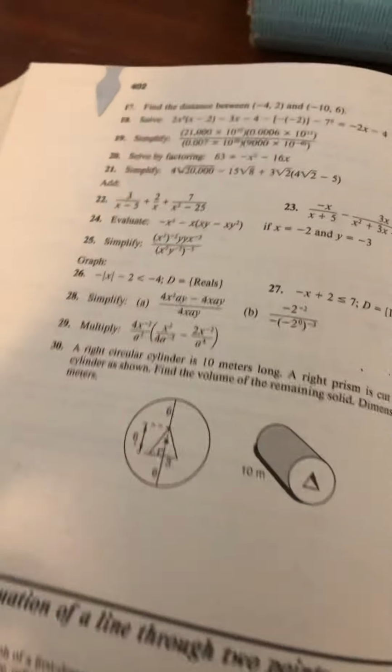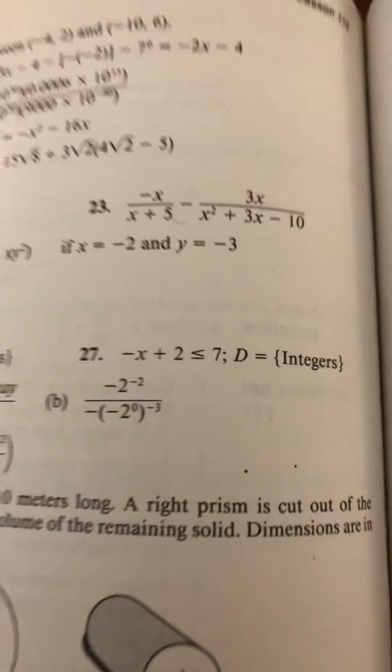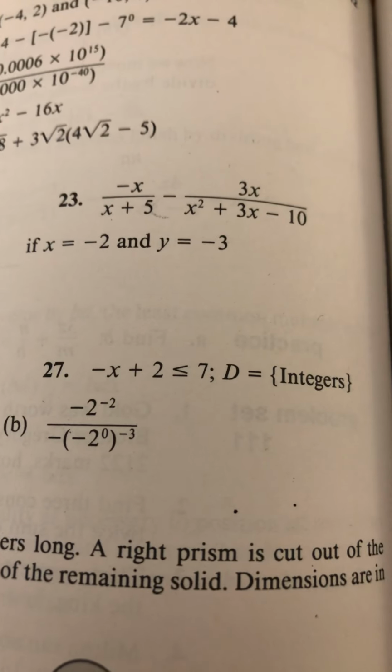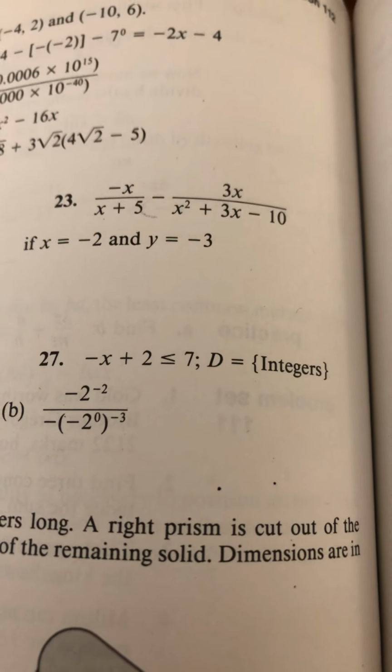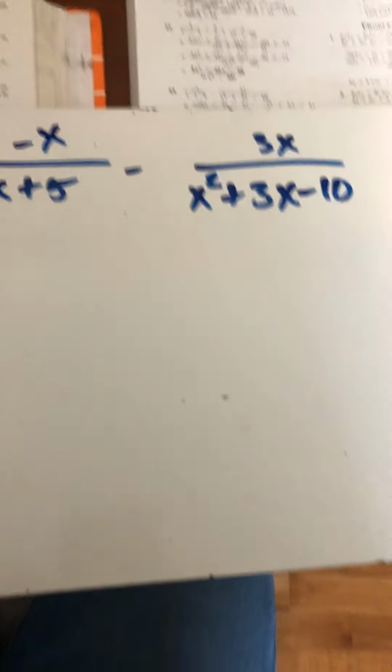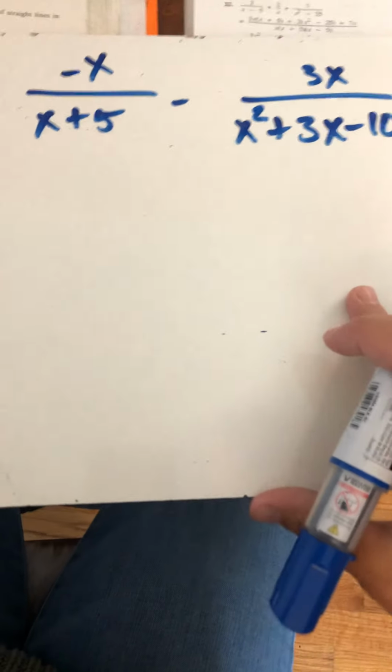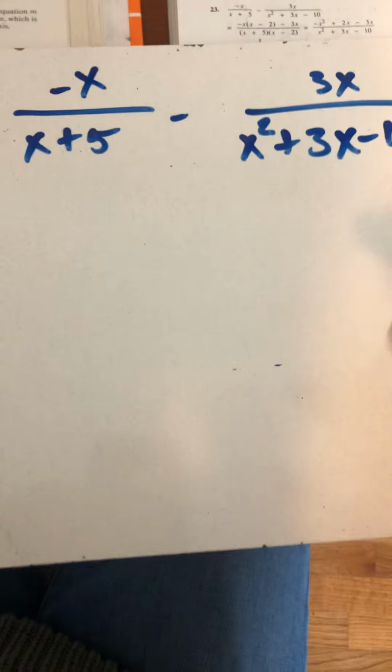Okay, Algebra 1, Lesson 111, number 23, I'm going to be working on now, which is negative x over x plus 5 minus 3x over x squared plus 3x minus 10. I've got the equation written here on my board, and these are the steps we're going to follow.